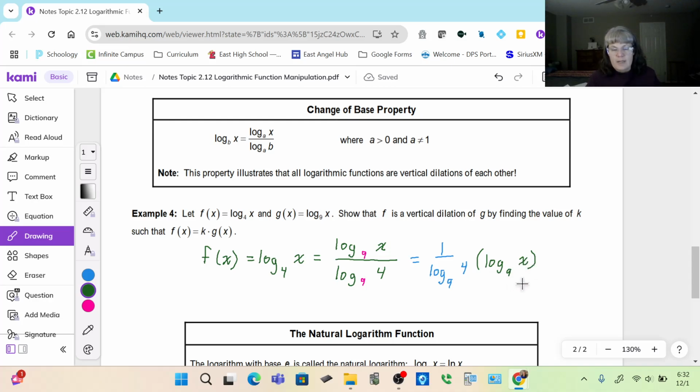So that log base 9 of x is g of x. And this expression in front is the value that we'd be multiplying by to make it a vertical dilation. So if we take the time to state the value of k, because it did say finding the value of k. Example 3 did not. I can write that k is 1 over log base 9 of 4. And again, we could find the decimal approximation in our calculator.